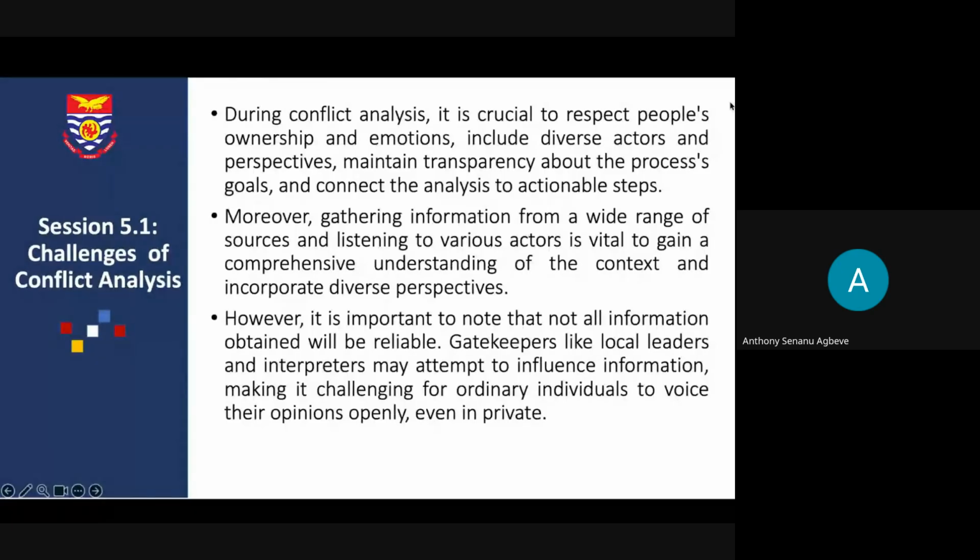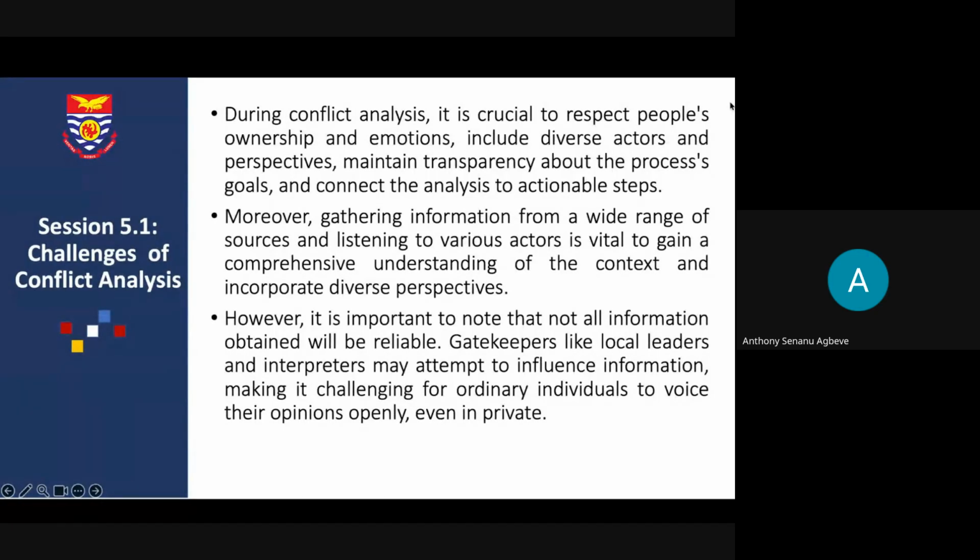So as a way of community entry, you need to see either the assemblyman or the local chief or a community elder, and these are people who can give you information on places you should go and places that you should not go.